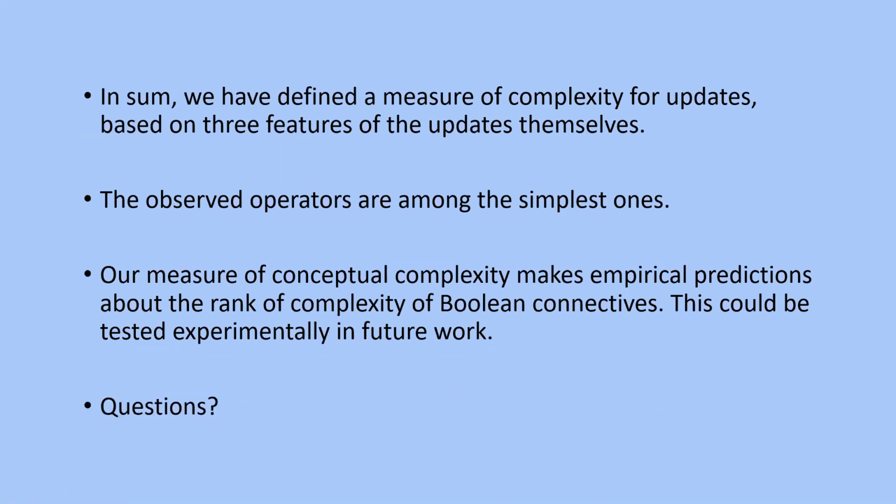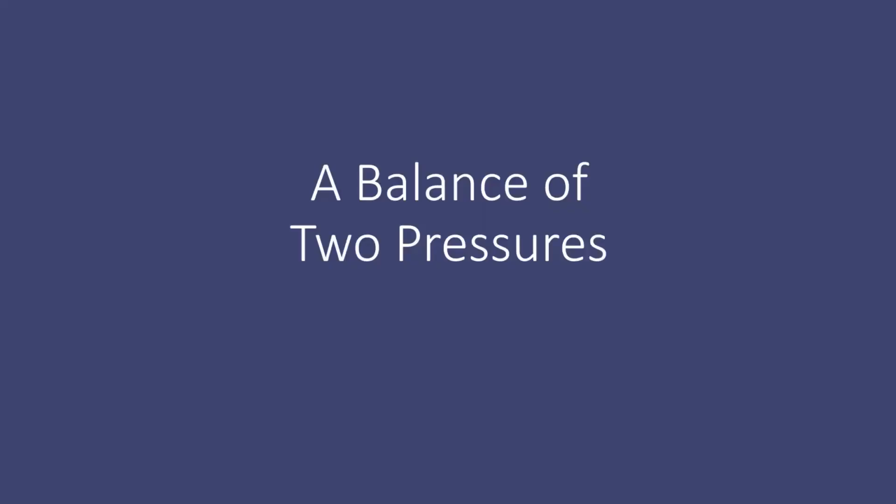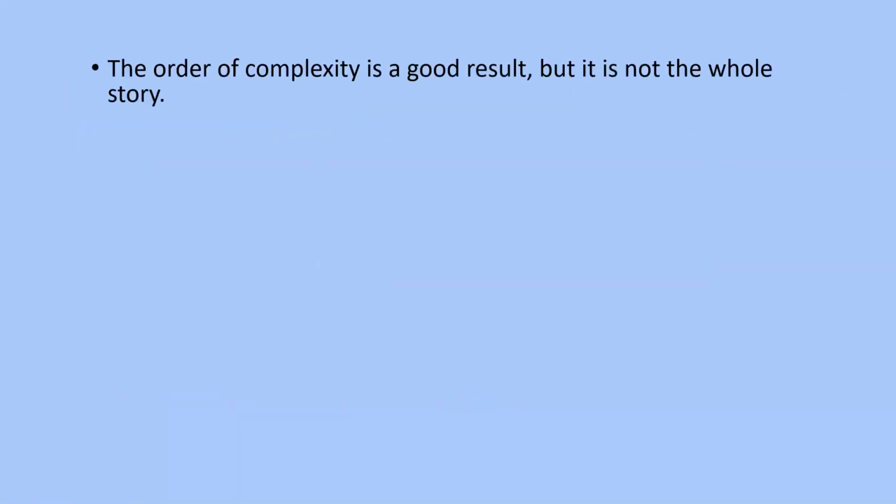Are there any questions at this point? It's already over time, so we can also just do it in the Q&A. Okay, I'll just keep going and then we can come back to it. So the order of complexity is, oh, there's something in the chat.